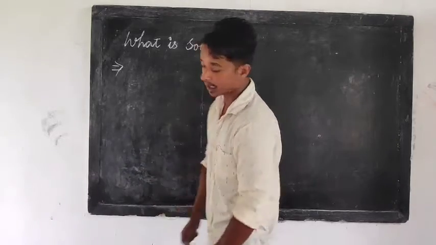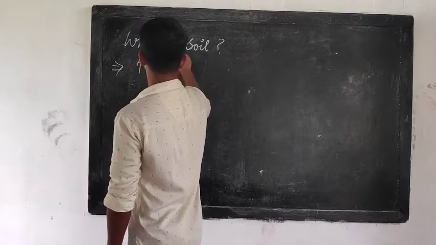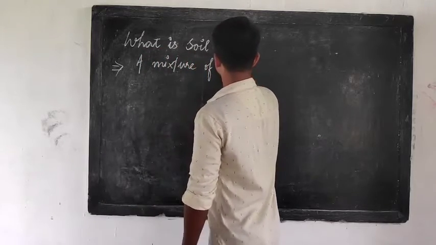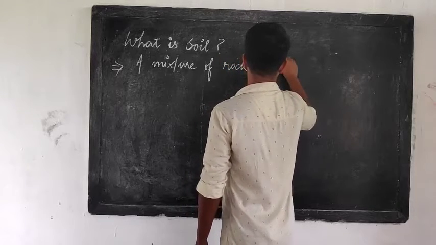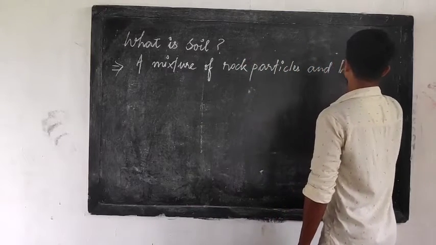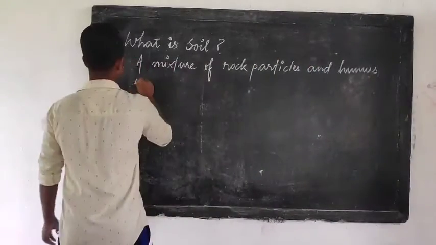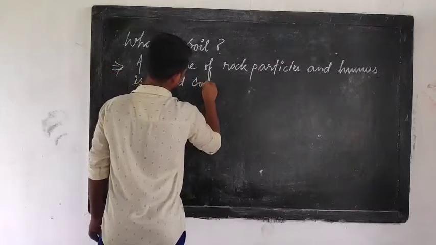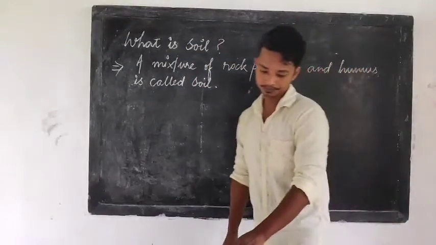Right. So we can say that a mixture of rock particles and humus is called soil.